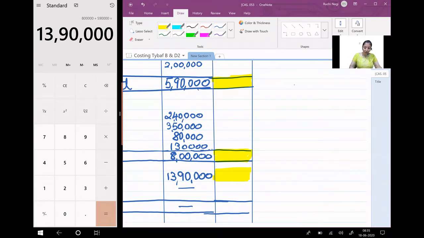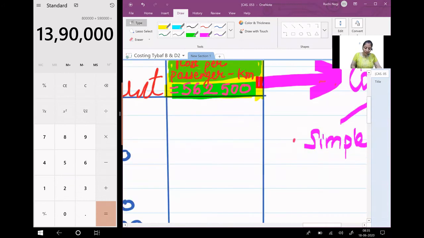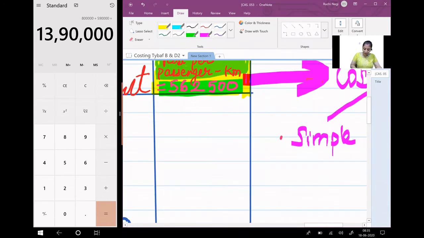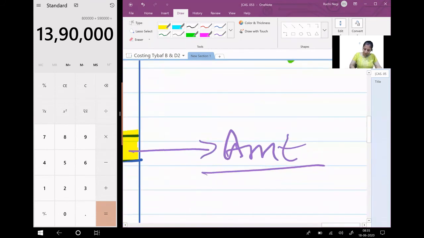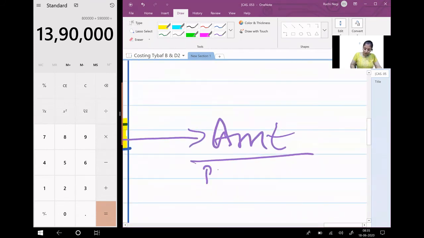Amount divided by, there we used to take units produced or units sold, right. But here there are no units produced or units sold, so what will we take? We will take passenger kilometer. Am I clear? So here it will be passenger kilometer.